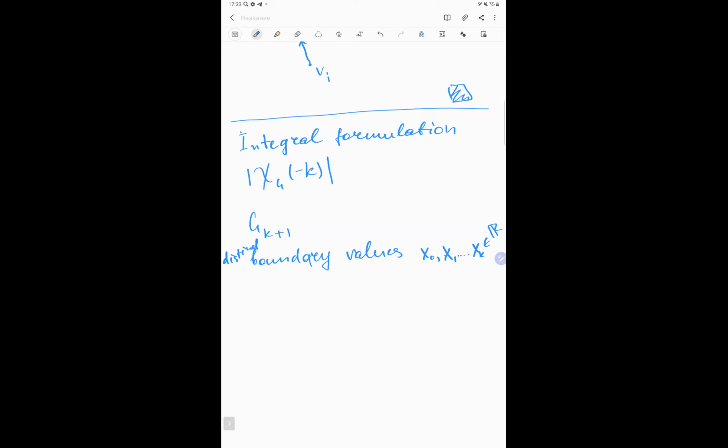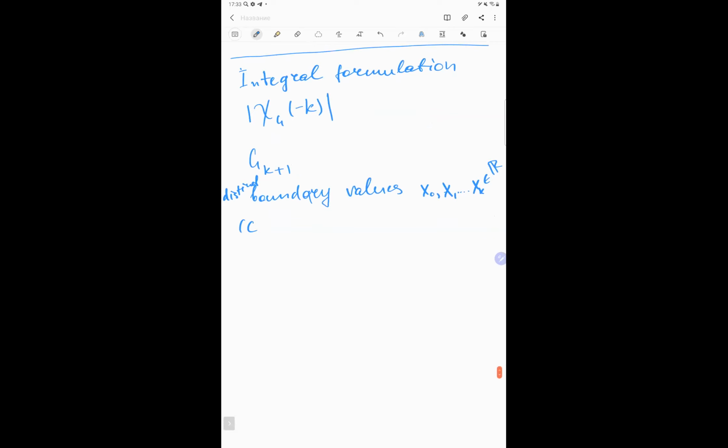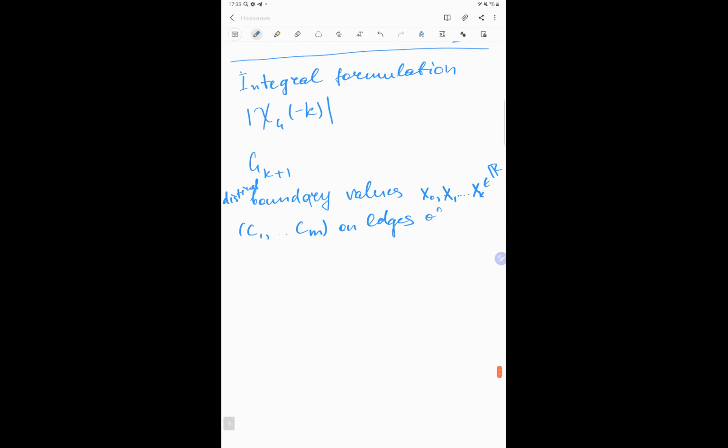Then we set a tuple of conductances on the edges of G. So it is just a tuple of positive real numbers.